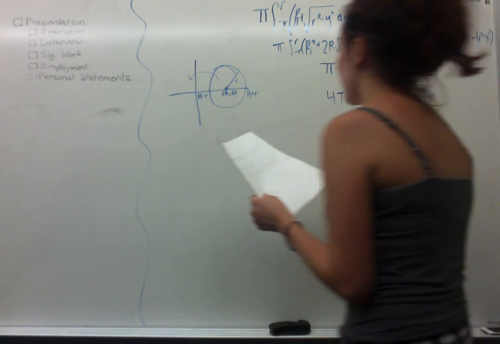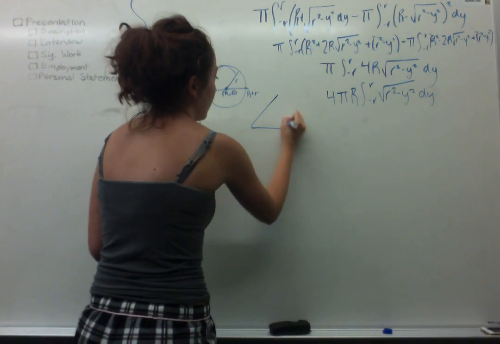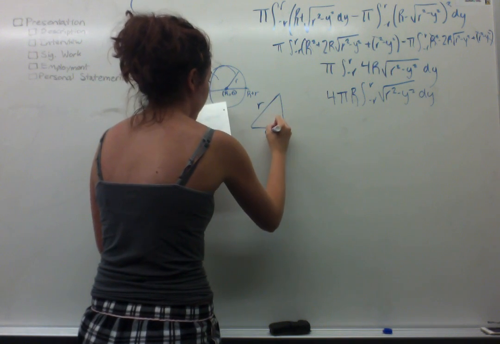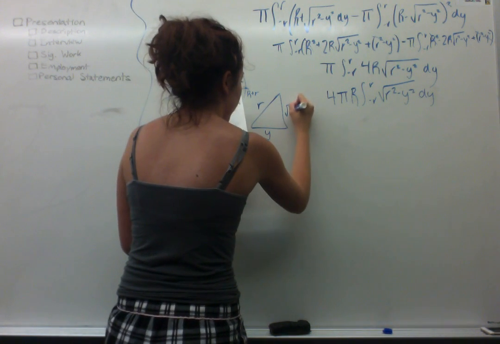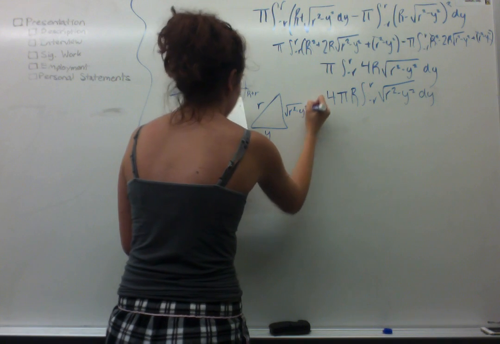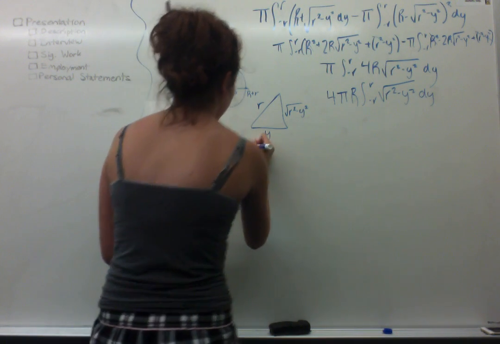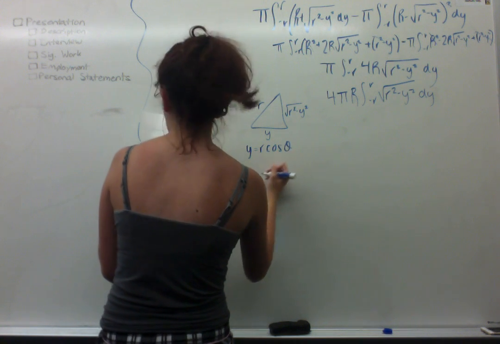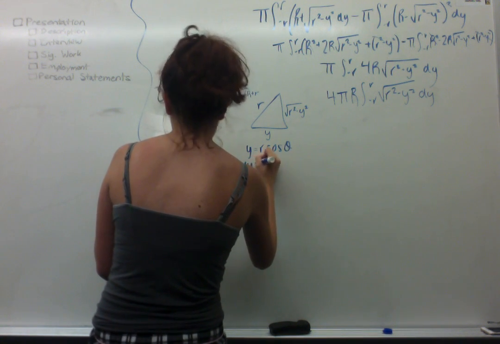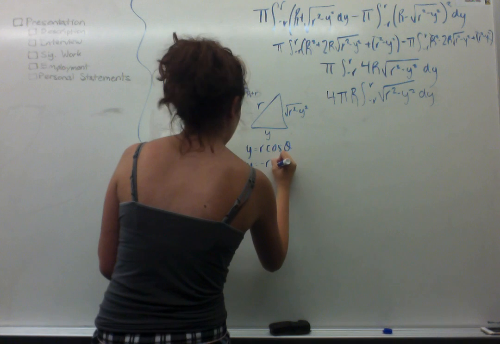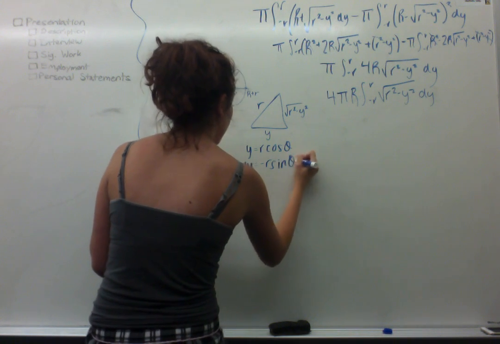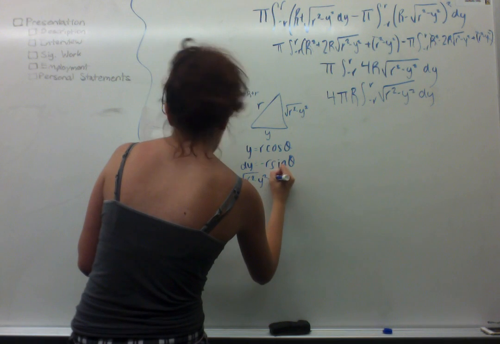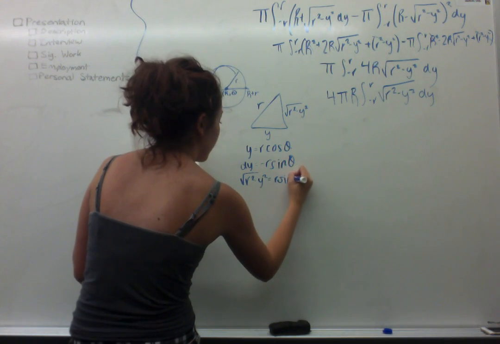So now I'm going to go to the side and draw a triangle to solve this. So this is going to be r, this is going to be y, and this is the square root of r squared minus y squared. So this means y equals r cosine theta, and dy equals negative r sine theta d theta, and the square root of r squared minus y squared is equal to r sine theta.